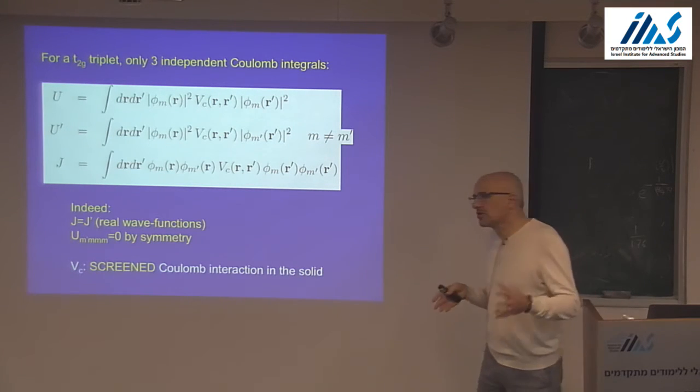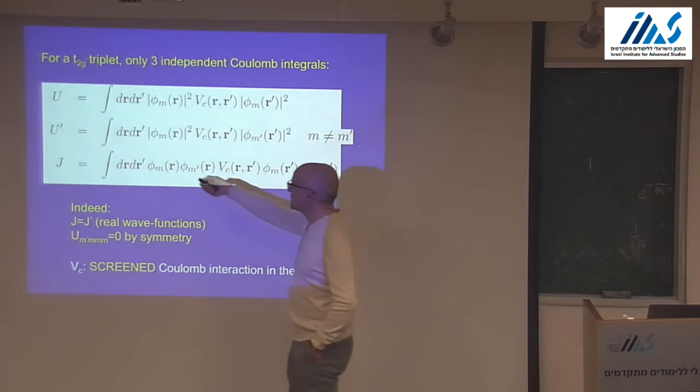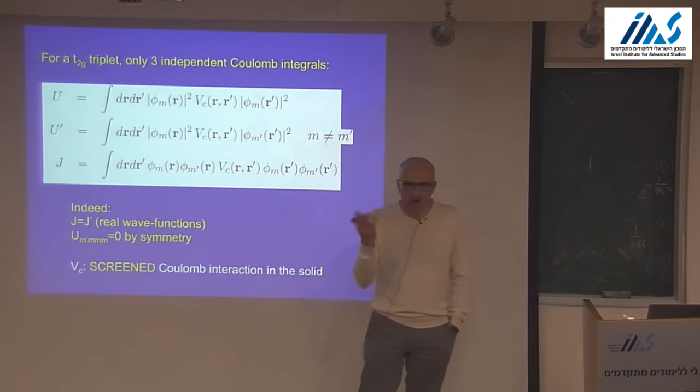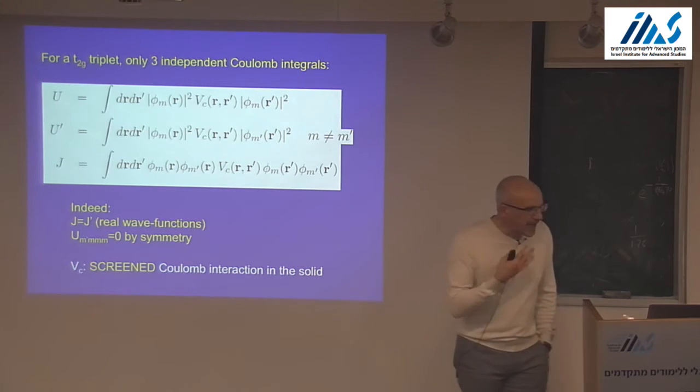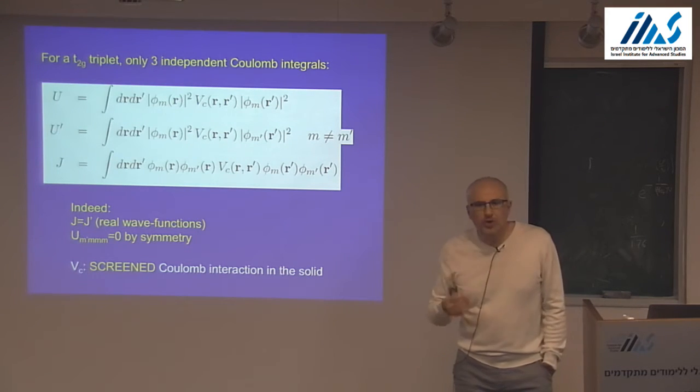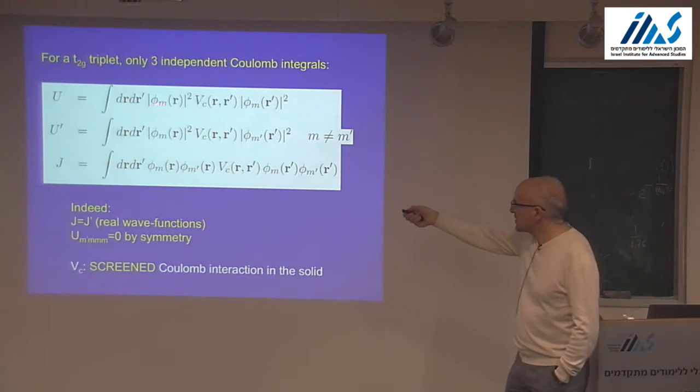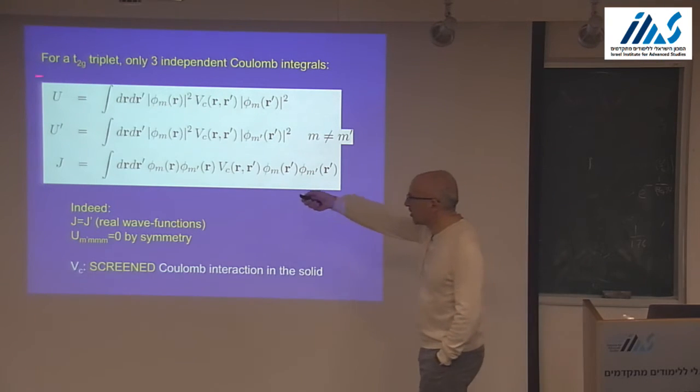So what you should do if you are really interested in evaluating this is treat screening from all the other bands in some way, for example RPA, calculate the screened Coulomb interaction, and take matrix elements of this within this orbital. That would be your Hubbard U.